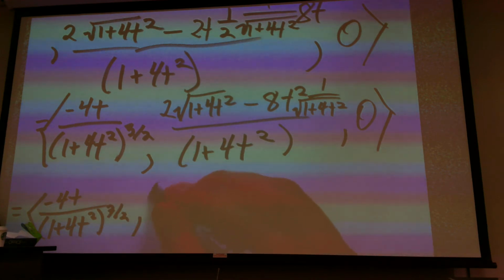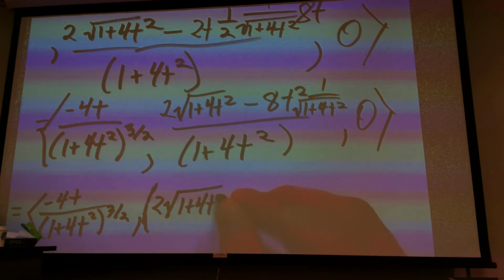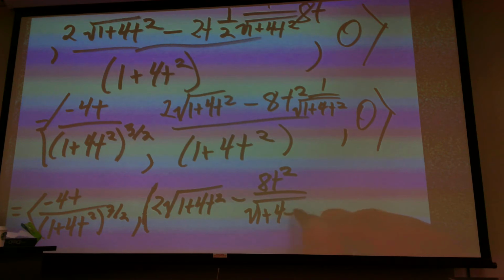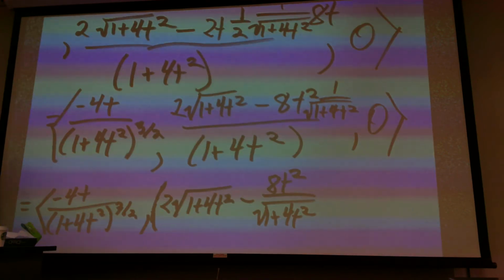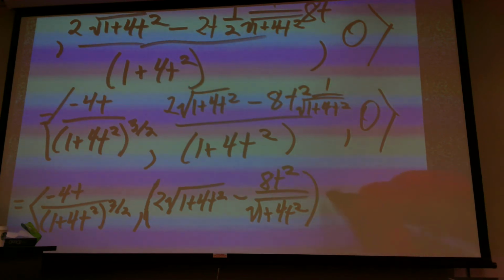And I'm going to break this off into parentheses, and I'll do it in 2 steps: the square root of 1 plus 4t squared minus 8t squared divided by the square root of 1 plus 4t squared, and then that's going to be multiplied by 1 divided by 1 plus 4t squared. And we'll put a 0 at the end.